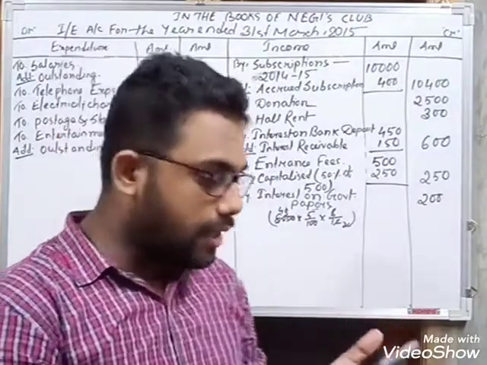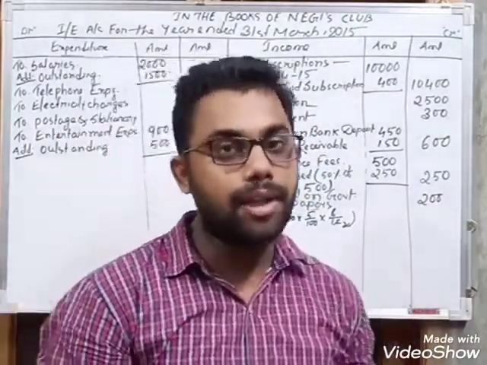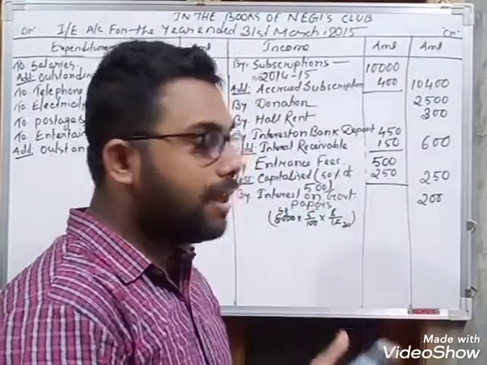Okay, so interest is not yet received, but it will be received in future, but it is the income for the current year, so we have to show it on the income side.